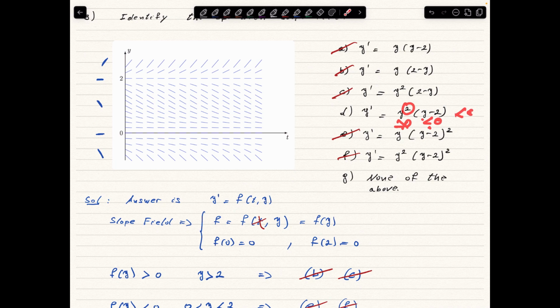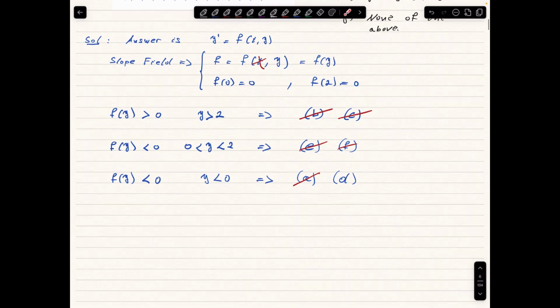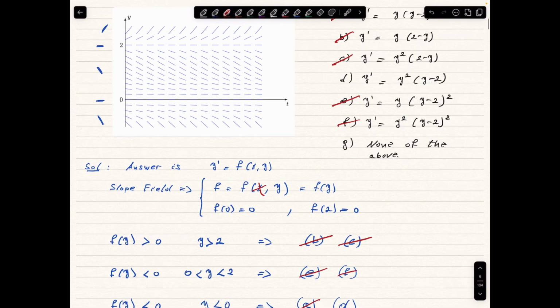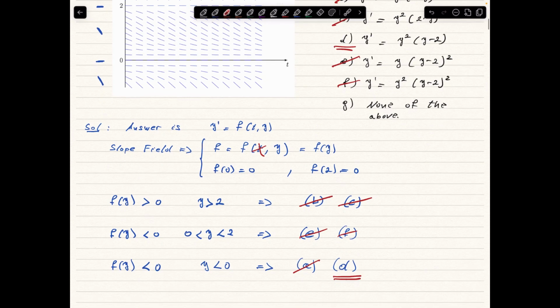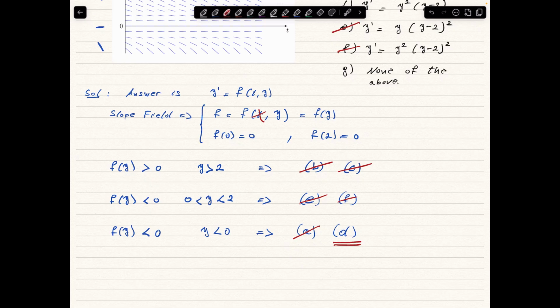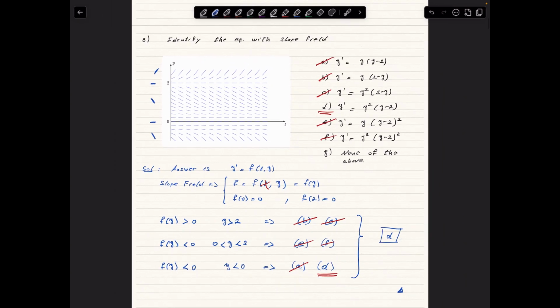So negative, positive, negative. Perfect. So our option is actually D. And all this implies that the option is D. This is more or less how we solve this type of problem.